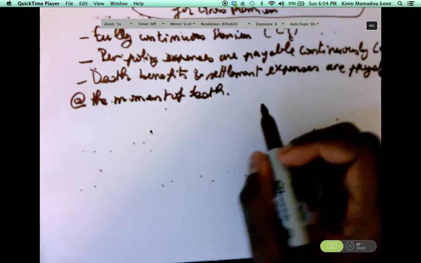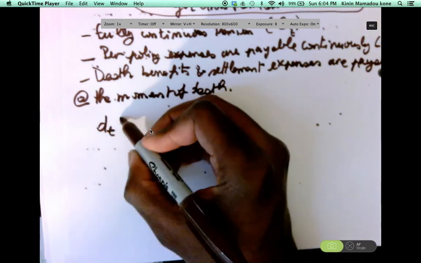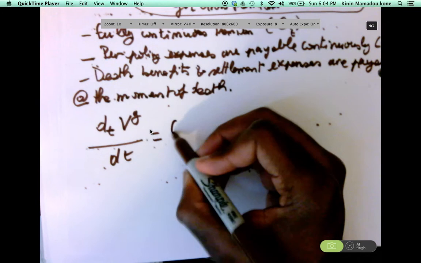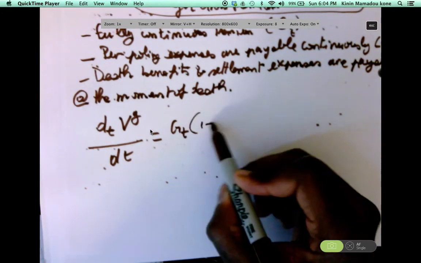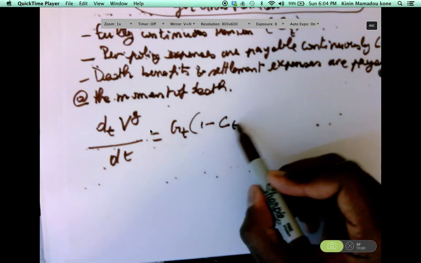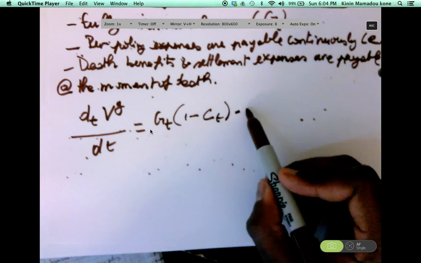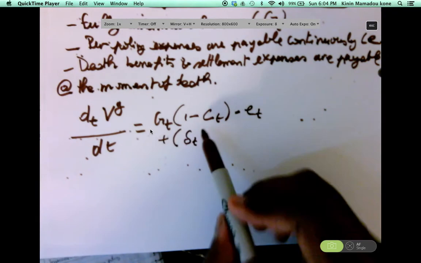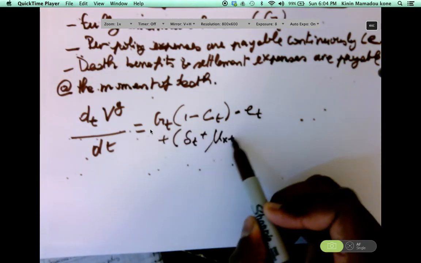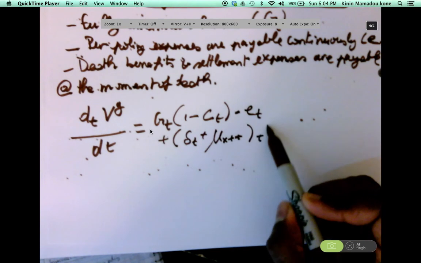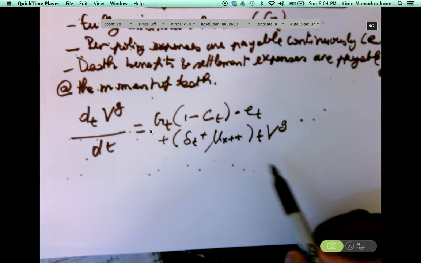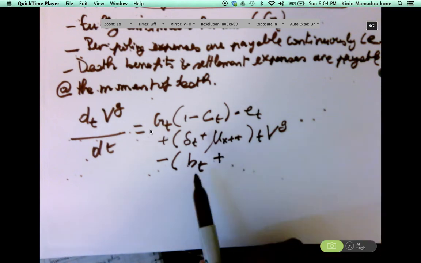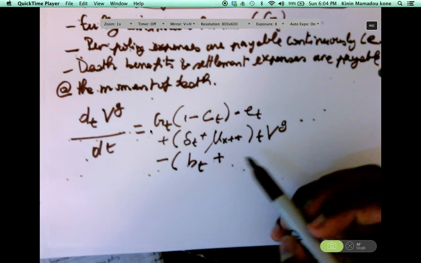Same thing as the other part. So d/dt of the gross premium reserve will be the same as before: the premium, 1 minus the percentage minus the policy expense, and you add the cost of interest plus the force of mortality times the reserve, and you subtract the death benefit plus settlement expenses.